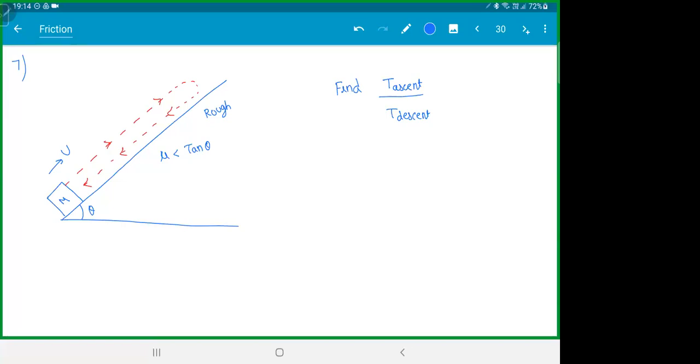Is the acceleration the same while going up and coming down? Same नहीं है. While going up, friction and mg sin theta both are in the same direction. While coming down, mg sin theta and friction are in opposite directions. Acceleration gets messed up big time.